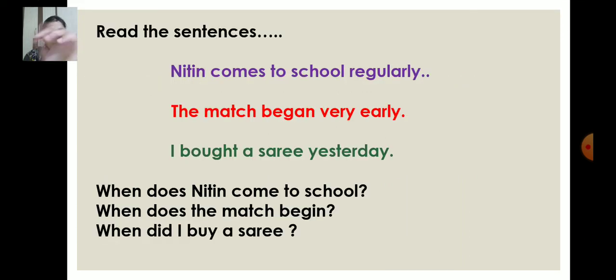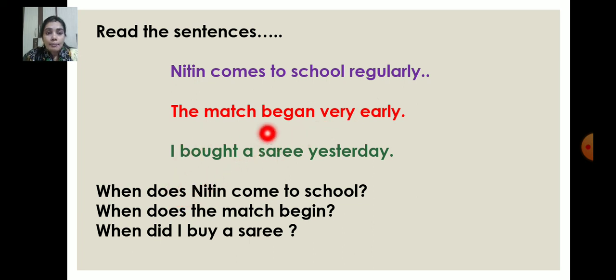Now let's read more sentences. Nitin comes to school regularly. The match began very early. I bought a sari yesterday. Nitin comes to school regularly. So when does Nitin come to school? Regularly.